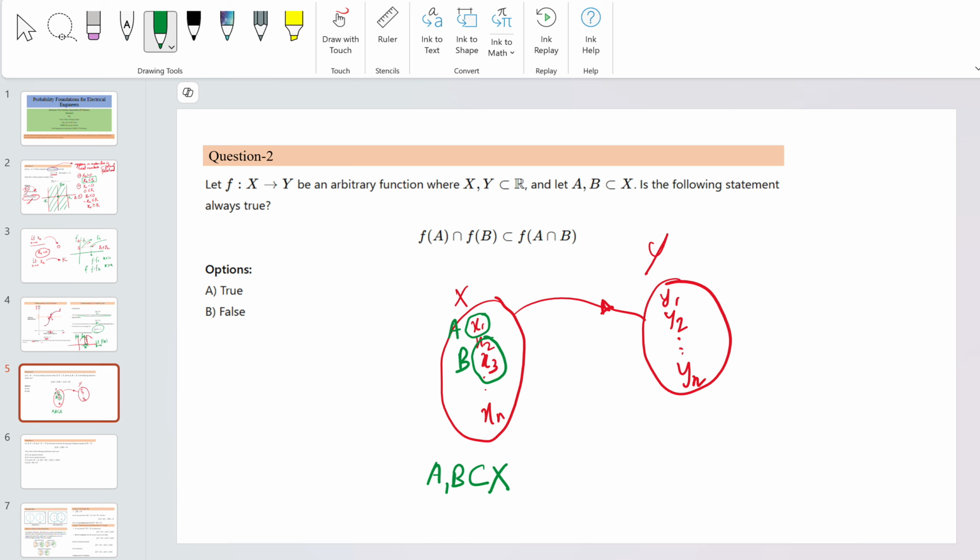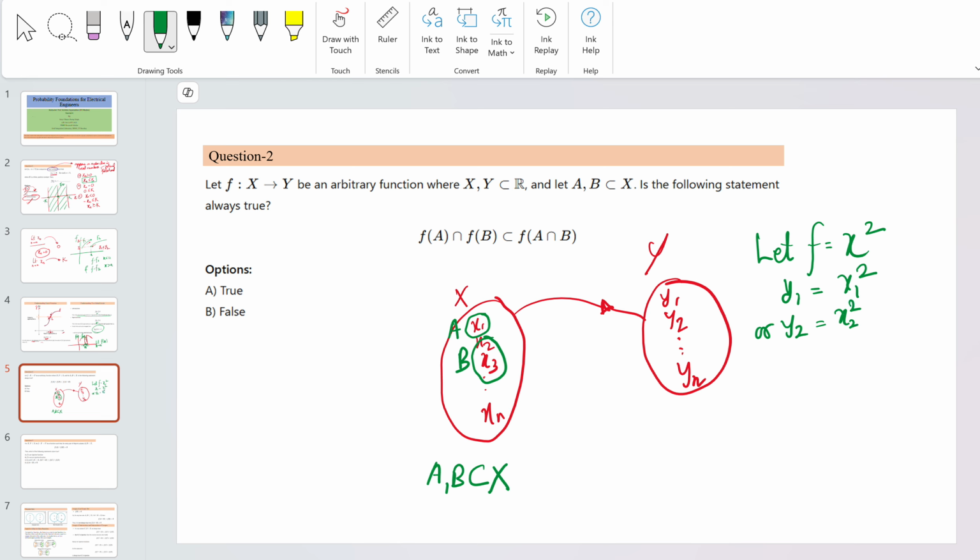Let's take an example. Suppose f is equal to x square. That means y1 is equal to x1 square, y2 is equal to x2 square, or based upon whatever value you are giving.